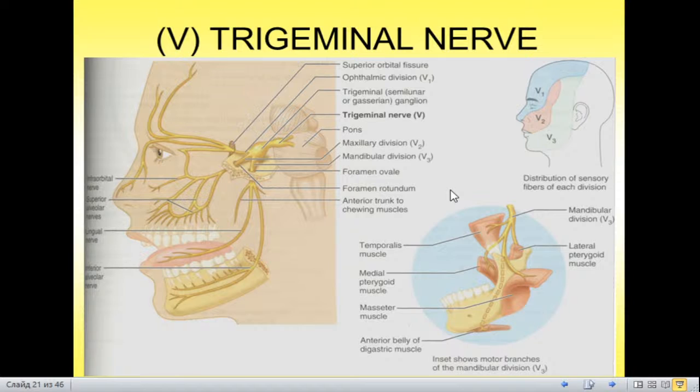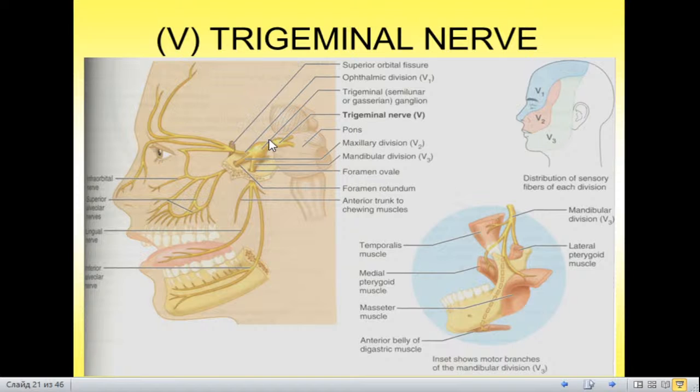Trigeminal nerve, nervus trigeminus. It is a mixed nerve. It derives from visceral arches, has two nuclei, motor and sensory. The sensory one has three parts: mesencephalic, pontine, and spinal part, and that is a true cranial nerve. So if it has a sensory component, it should have a sensory ganglion.